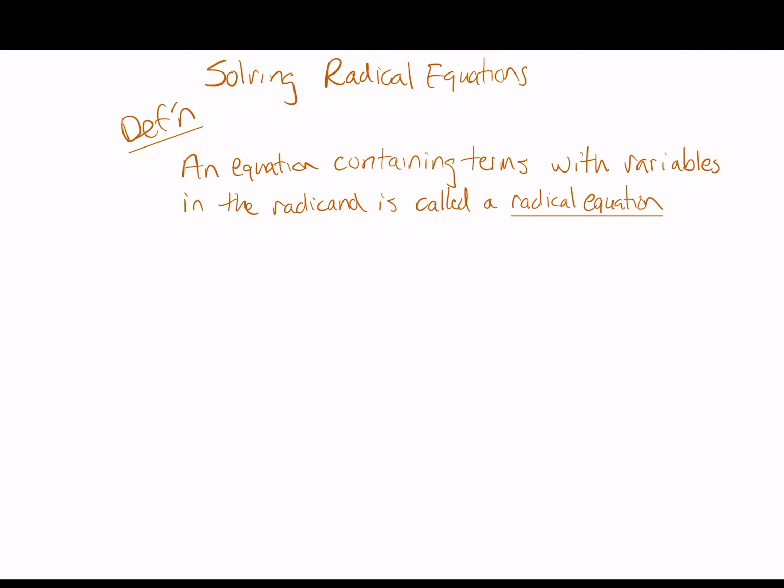Let's now solve radical equations. First, we need a definition and some steps on how to solve radical equations. An equation containing terms with variables in the radicand, that's the stuff under the radical symbol, is called a radical equation. Now, how do we solve a radical equation?